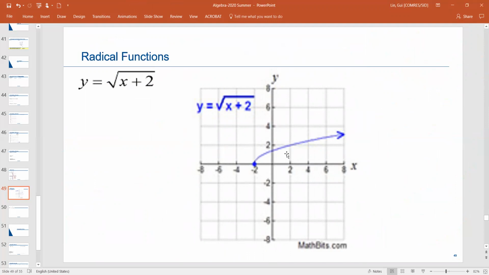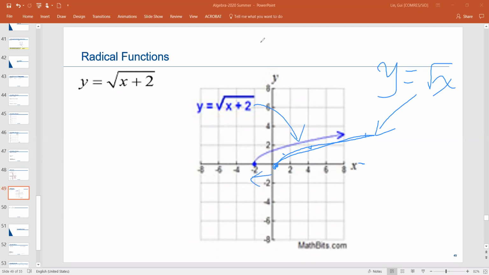Right now what we graphed when we graphed y equals square root of x, actually it's right here, right? 1 is right here, 4 goes to 2, and then 9 is 3, it's right here. It's like this. So this is 1 here. So for this one it is right here. So move the curves to the left 2 units. So you can get it here, right?